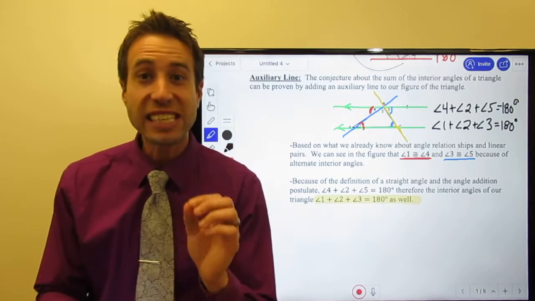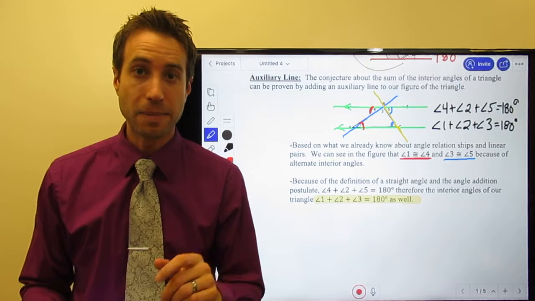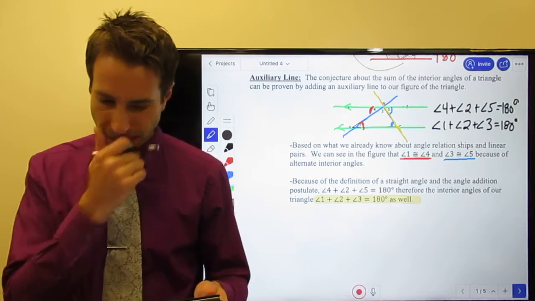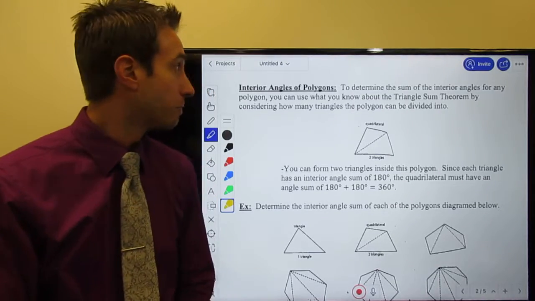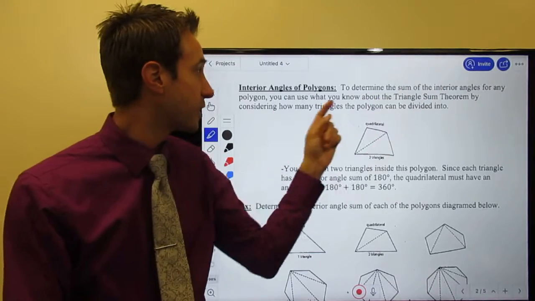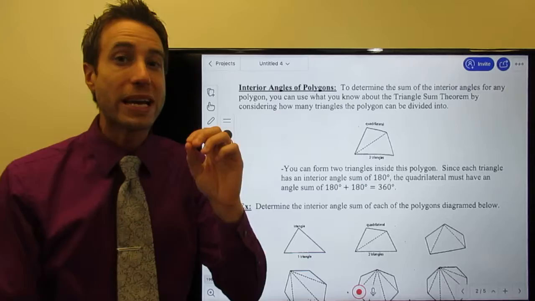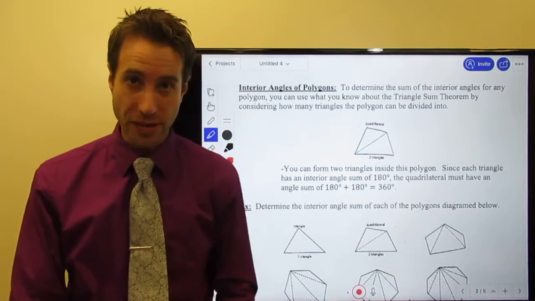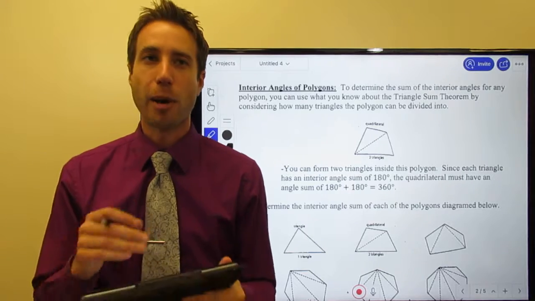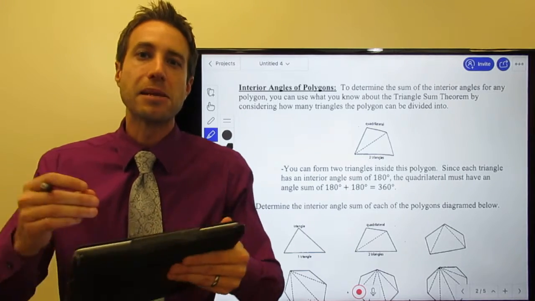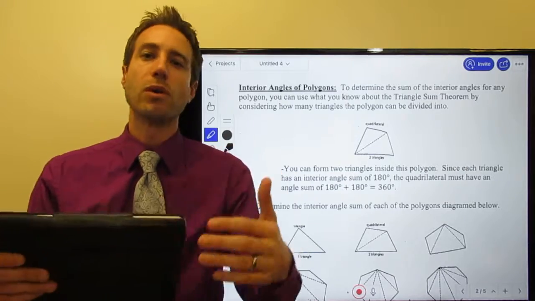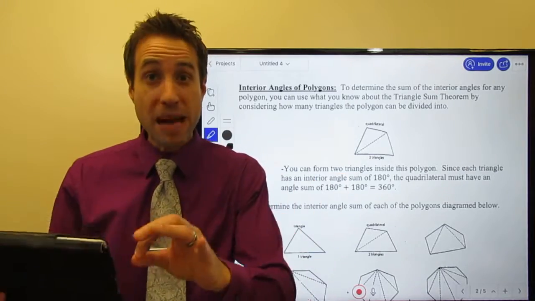Now, let's extend this idea to any polygon. Stick with me. To determine the sum of the interior angles for any polygon, we can use this idea of the Triangle Sum Theorem. A polygon, poly simply means many, and essentially it's a shape of many sides.